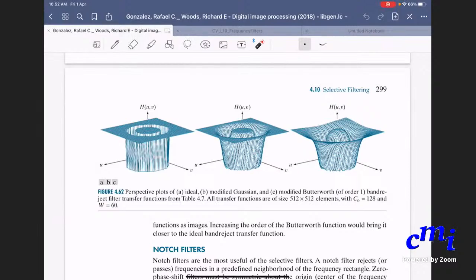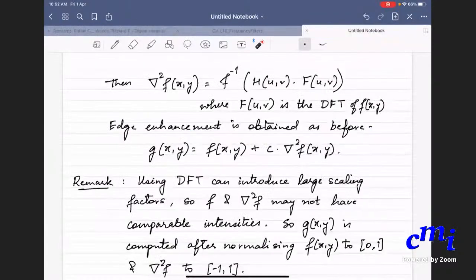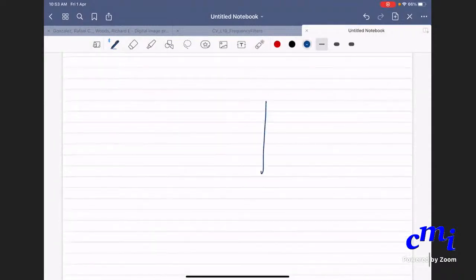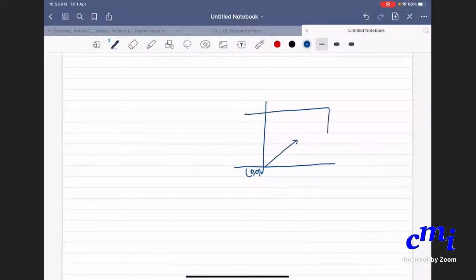So why are these all circular? If you remember, when we talked about shifting the origin, the origin is here, but then we shift the origin to the center of the frequency rectangle.